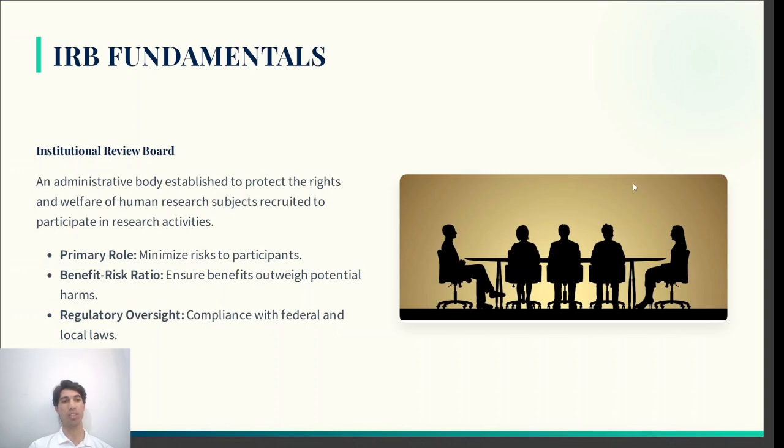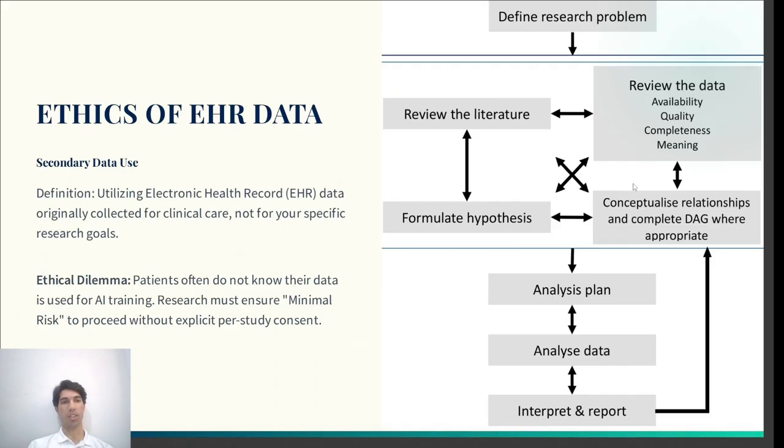The primary role of the IRB is to minimize risk to the human participants and to assess the benefit-risk ratio to ensure benefits outweigh potential harms to privacy, etc. It is also for regulatory oversight, to ensure compliance with federal and local laws. So these are the IRB fundamentals.